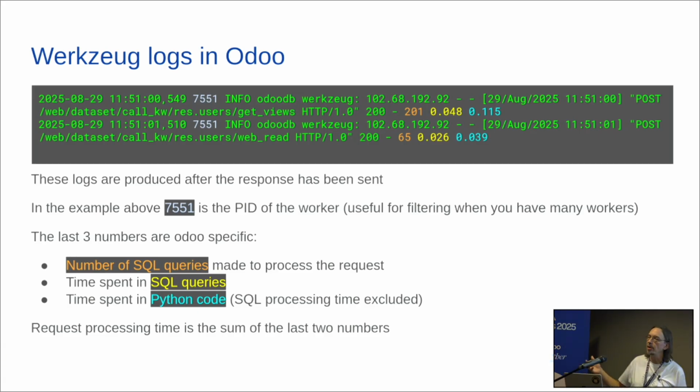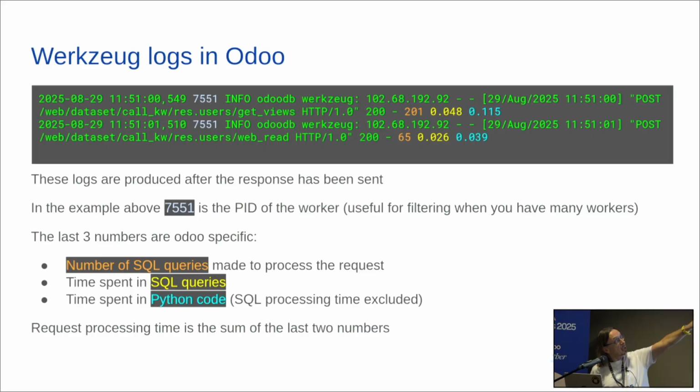You may have a different formatting engine set up, but this is the information for werkzeug. You have this information after the HTTP response has been sent back to the end user. So if things crashed, you won't get these answers. If your process was killed because it consumed too much memory, you won't get that answer, of course.